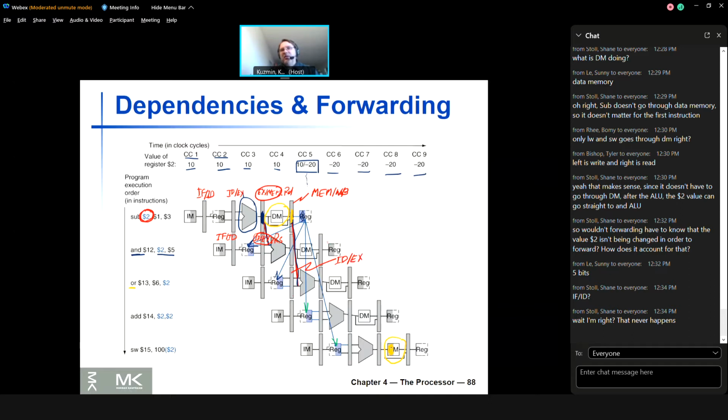It makes sense because this hazard is not between instructions that are next to each other, but between instructions separated by one other instruction. So the registers we have to consider are not next to each other, but from stages which are one stage apart: ID/EX and MEM/WB.